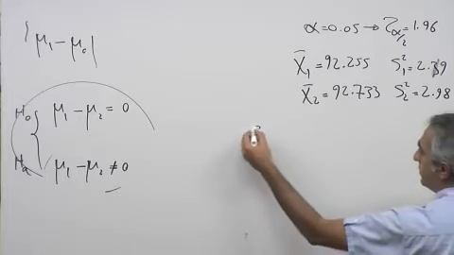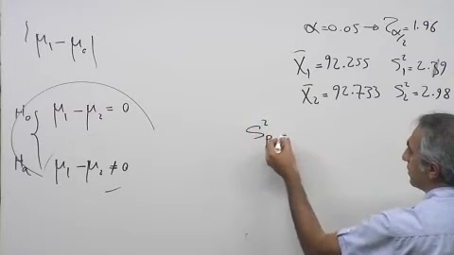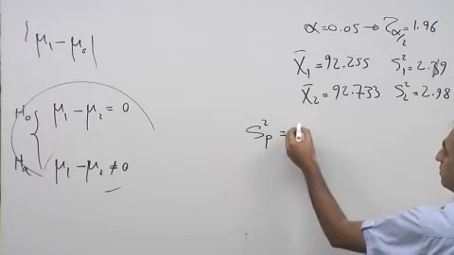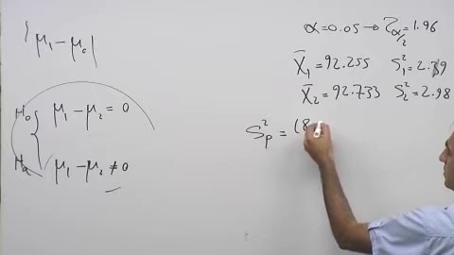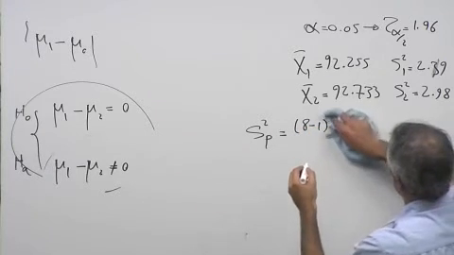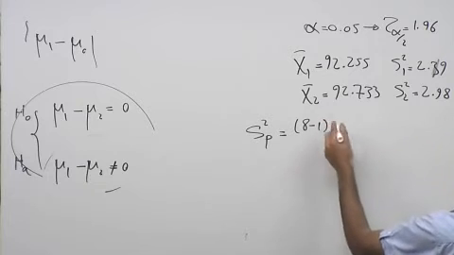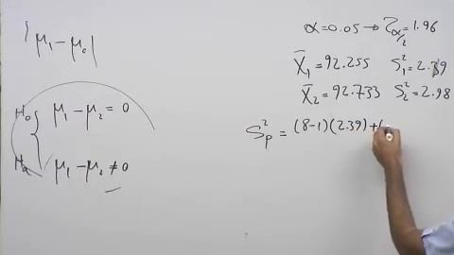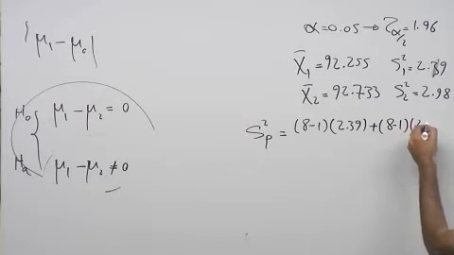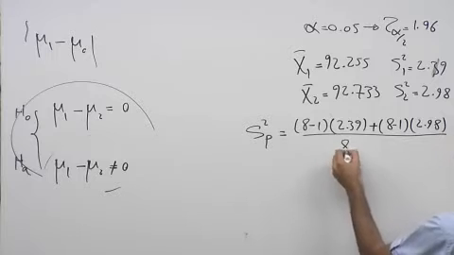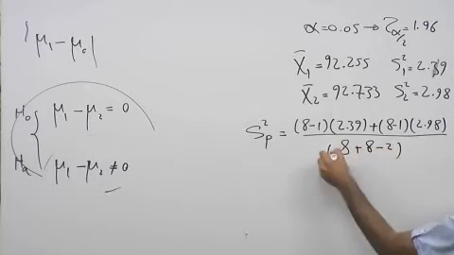We need to find this guy, pooled variance. Okay? Pooled variance is (2.39) plus 8 minus 1, 2.98, divided by 8 plus 8 minus 2.